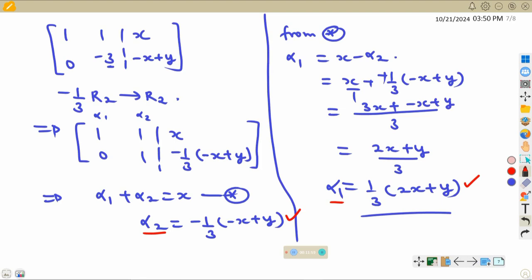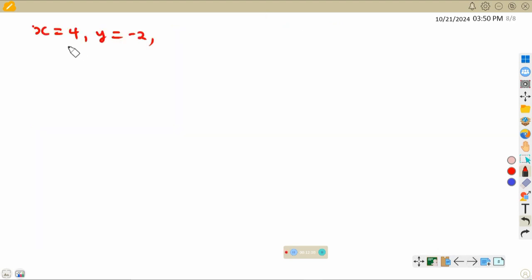Alpha 1 is same as a third into 2 times 4 minus 2.